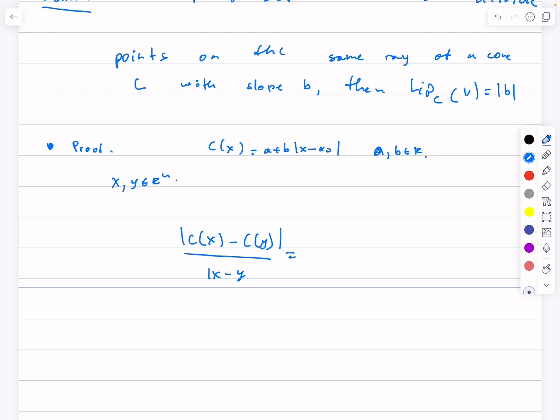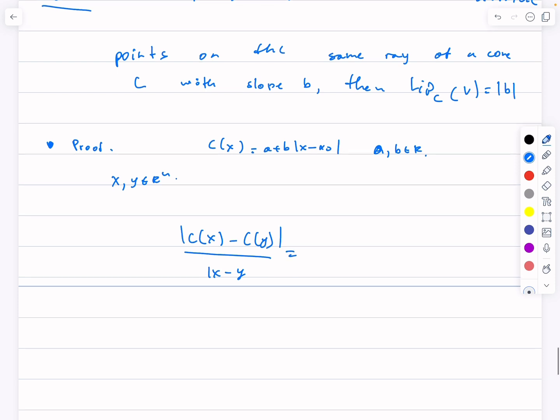We know that the formula of C(x) is a plus b times absolute value of x minus x0, and C(y) is a plus b times absolute value of y minus x0, divided by absolute value of x minus y.